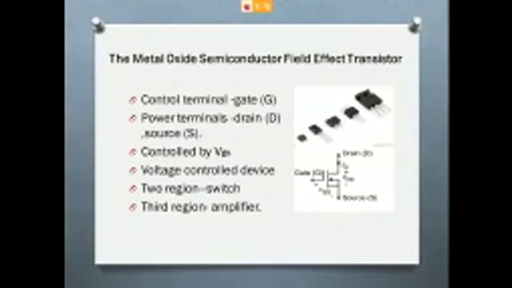This is a voltage controlled device. This also, as we discussed in the BJT, has 2 regions where it acts as a switch, which are cutoff and saturation, and the third one is the amplifier. Here the voltage in the gate-source region is actually the supply voltage. We'll discuss this working in the next slides.